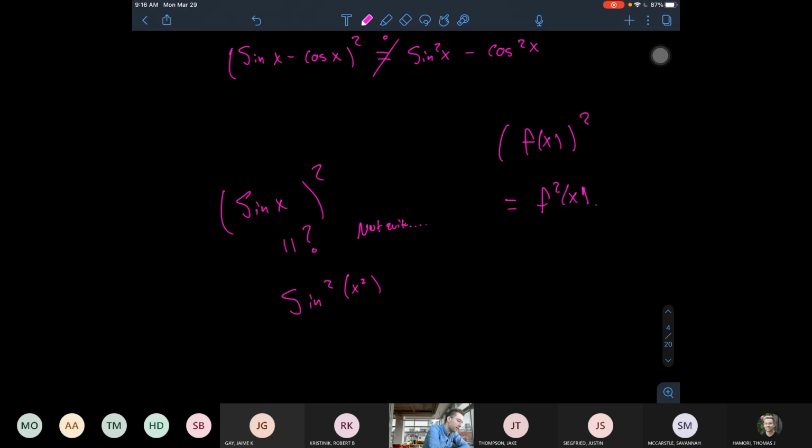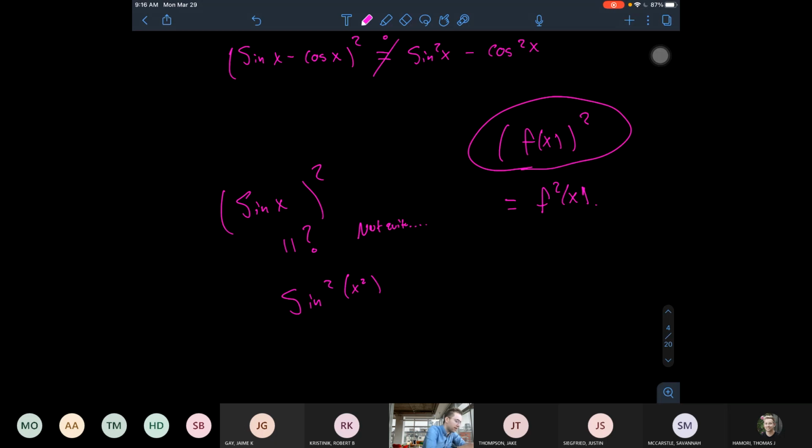The reason is that this f of x here is its own term. So the input here is attached to the function. So these two things notationally mean the same thing. If I write f of x in parentheses and square it, that means the same thing as when I write f squared of x.